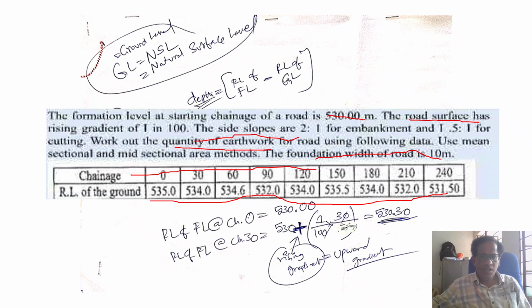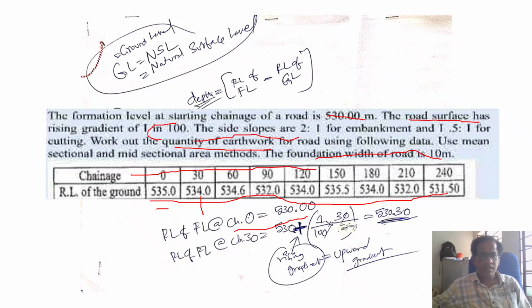Before we start, we need to calculate RL of the formation. The RL of formation at 0 is given. The formation has a rising gradient. So if you think about formation level at chainage 30, what we have to do is: formation level at chainage 0 is given as 530, plus the rising gradient, that is 1 by 100.